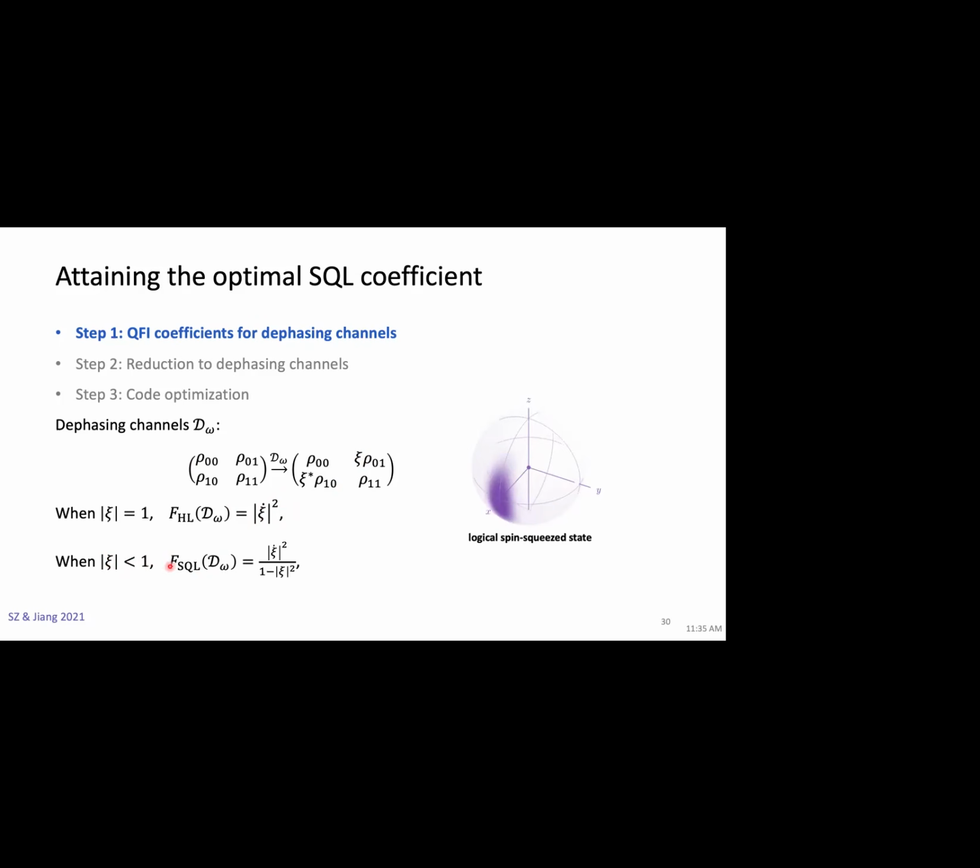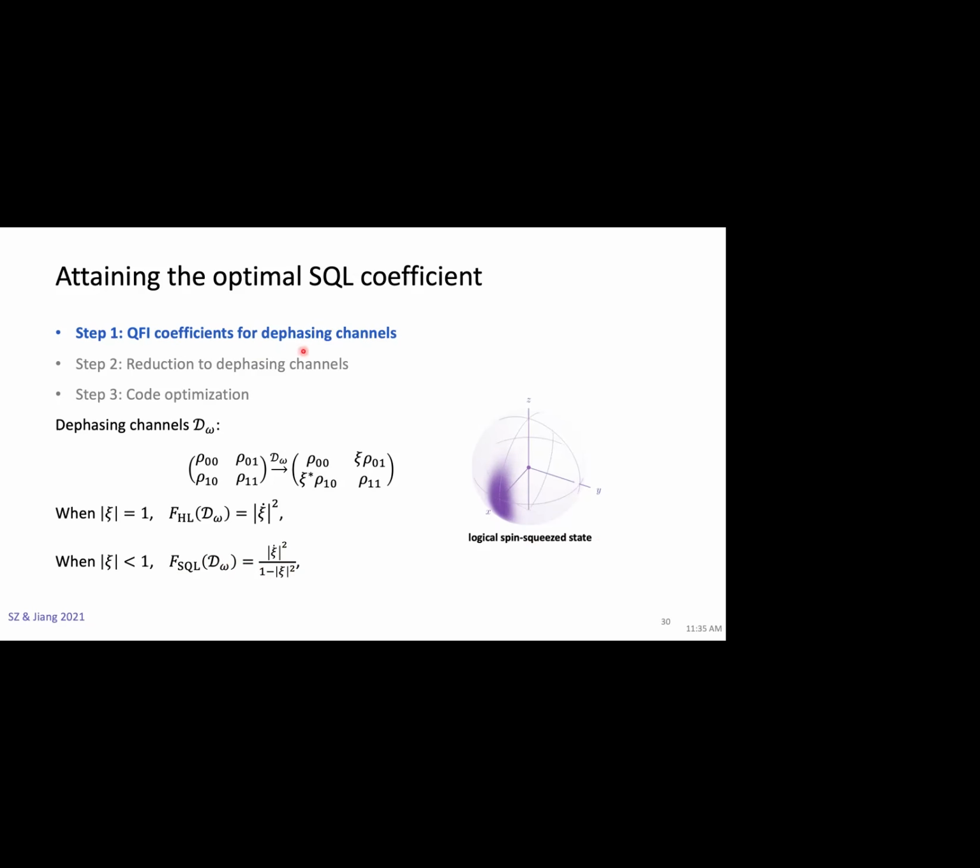In that case, one can show that the upper bound of the Fisher information is going to be something like this. Basically we have 1 over the absolute value of Cauchy squared in the denominator. And we show in this paper that using some logical mean squeezed state, it is possible to achieve this upper bound. So basically we prove that the SQL coefficient is equal to this quantity for dephasing channels.